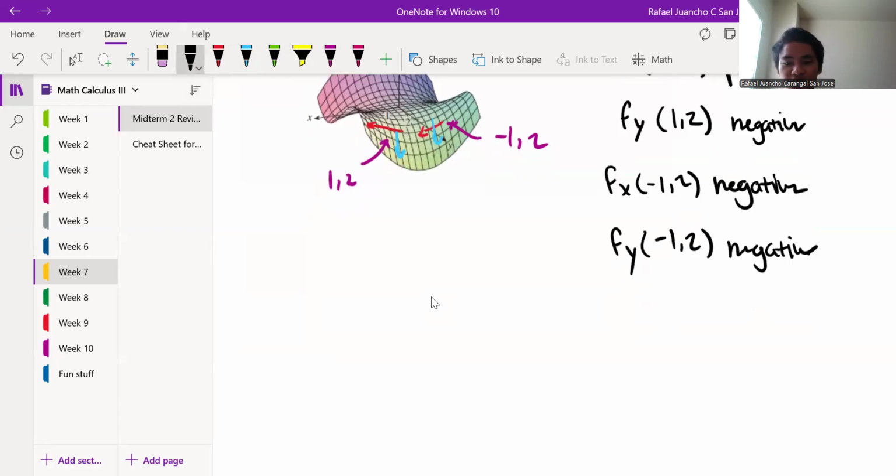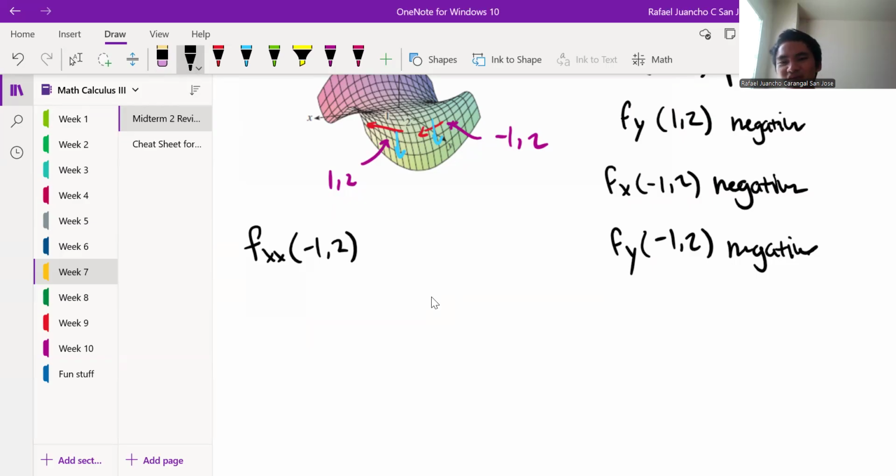Great. And here are the tricky parts at least. What if I have second derivatives? So here, what is f sub xx of (-1, 2)? The way I check this is, first I get that slope at some x here.